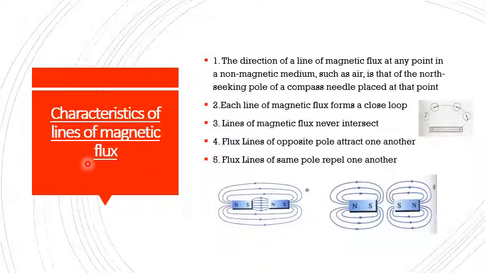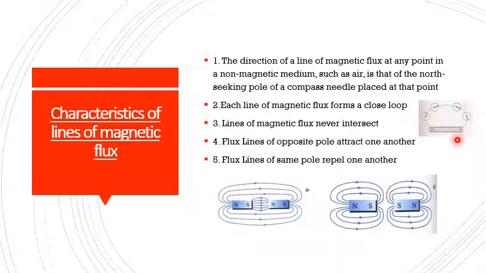Now, the characteristics of lines of magnetic flux. We have 5 characteristics. The first one is that the direction of the line of magnetic flux at any point in a non-magnetic medium, such as air, is that of the north-seeking pole of a compass needle placed at that point.